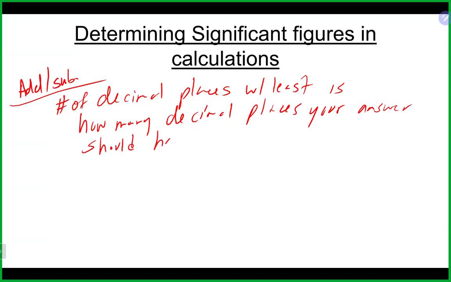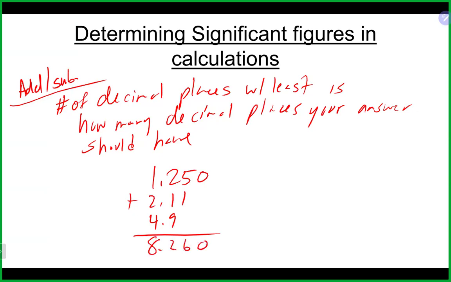So for example, if we took 1.250, we add it to 2.11, and we add it to 4.9. And we take that on our calculator, we end up with 8.260.